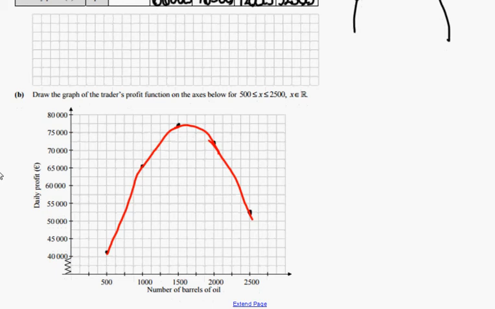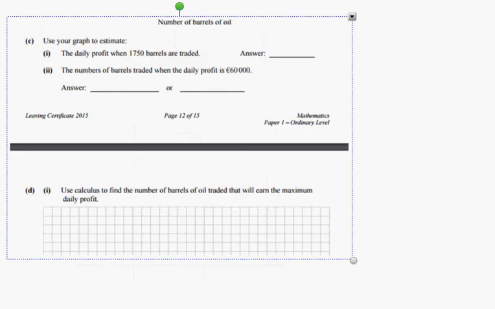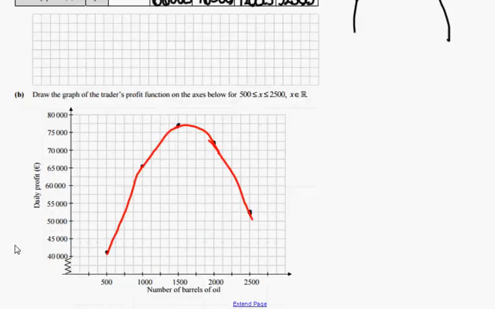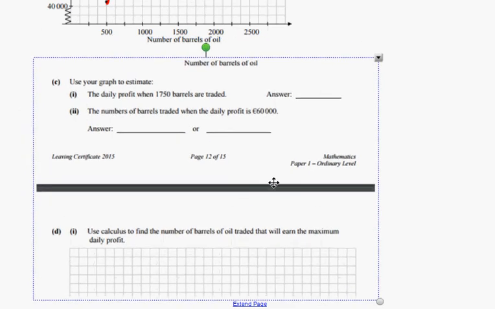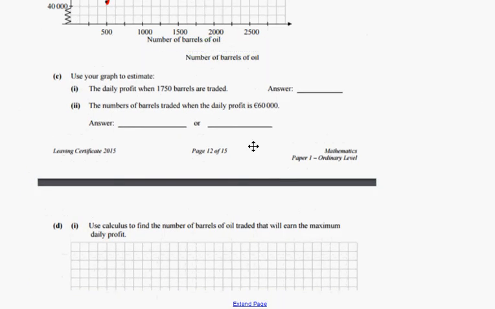Now, it asks me to answer some questions. The question to be asked is, use your graph to estimate the daily profit when it's 1,750 barrels. Okay. Now, the great thing about this is you can figure that out using your calculator, can't you? Or you could figure it out by subbing it in to the formula. So you can find out an exact amount, but what I really want you to do is use your graph.